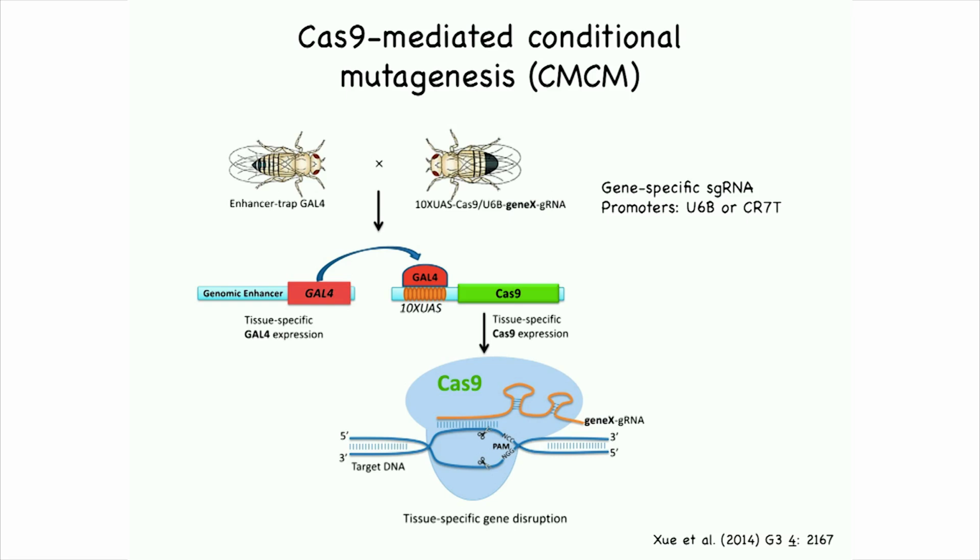So this is just saying, okay, we've got a GAL4 that's under the control of a particular enhancer and promoter. We cross that with a fly that's carrying a guide RNA driven by a U6 or a different RNA polymerase III promoter, and Cas9 under UAS control.